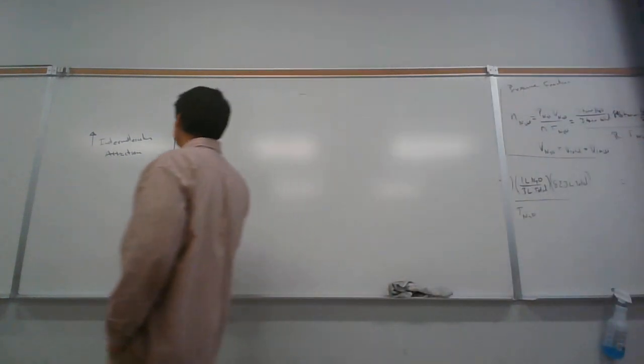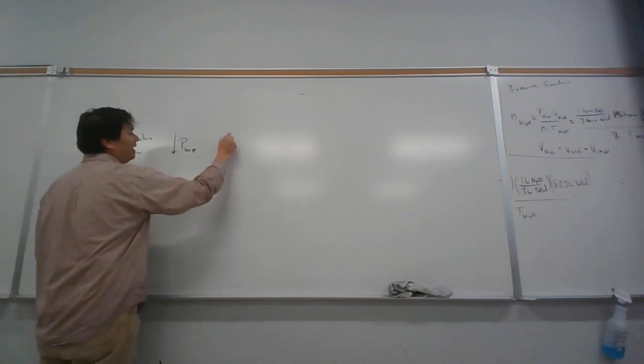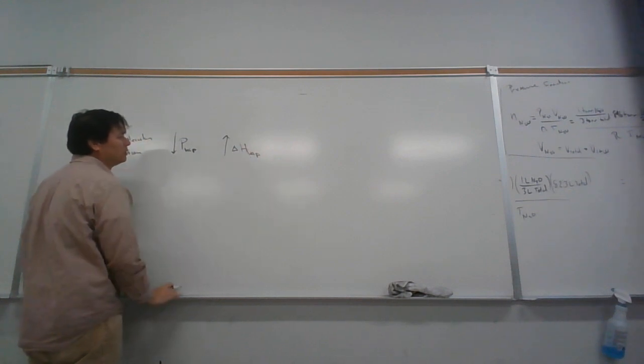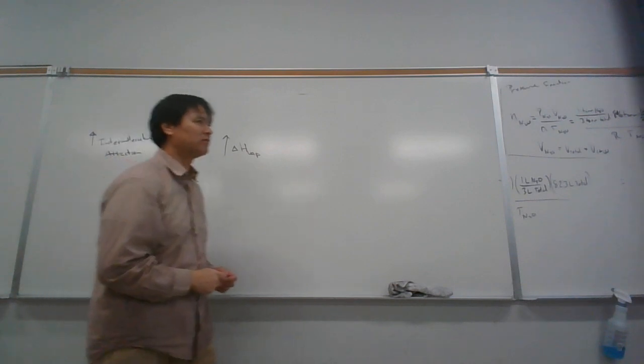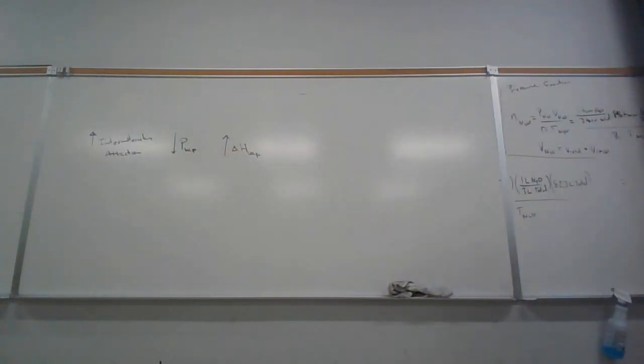As the molecules become more sticky, they become harder to vaporize, and becoming harder to vaporize requires more energy. And so we have increasing delta H of vaporization. And the opposite of that, condensation, would be increased as well.